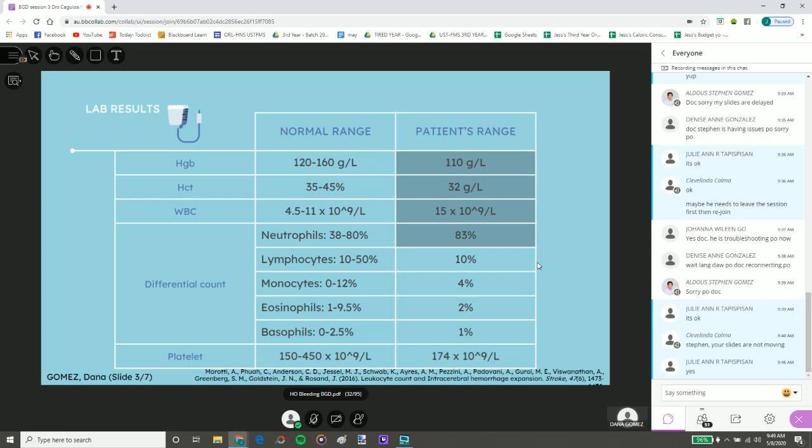The predicted probability of hematoma expansion was inversely correlated with neutrophil count and directly correlated with monocyte count in a linear and dose-dependent relationship. So as for our patient, she has a slight elevation in the neutrophil count, which indicates decreased risk in developing expansion of the hemorrhage or hematoma.